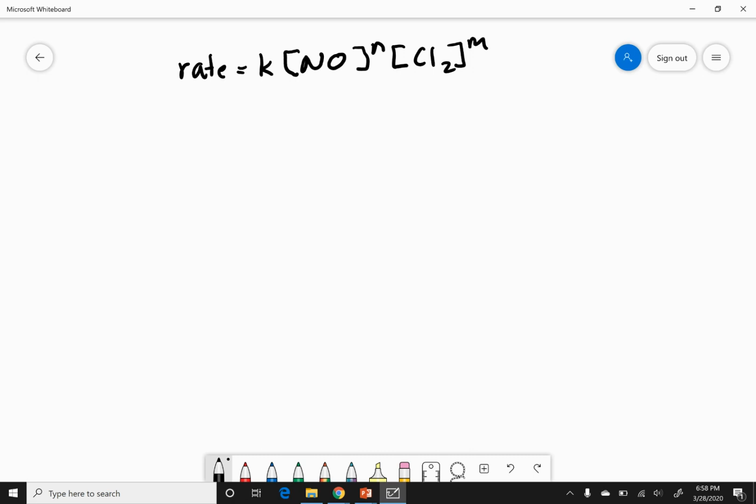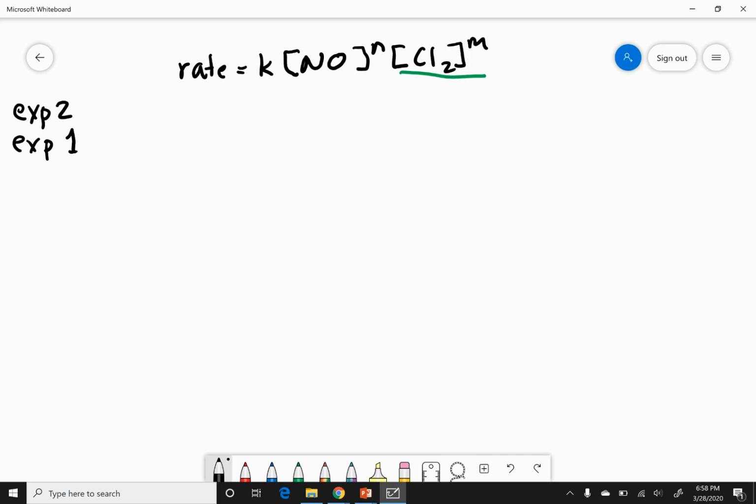Now, what I'm going to do is find the order of Cl2 right here. So if I want to find the order of Cl2, I want an experiment where Cl2 is changing, but NO is remaining constant. So to do this, let's look at experiment 2 versus experiment 1.